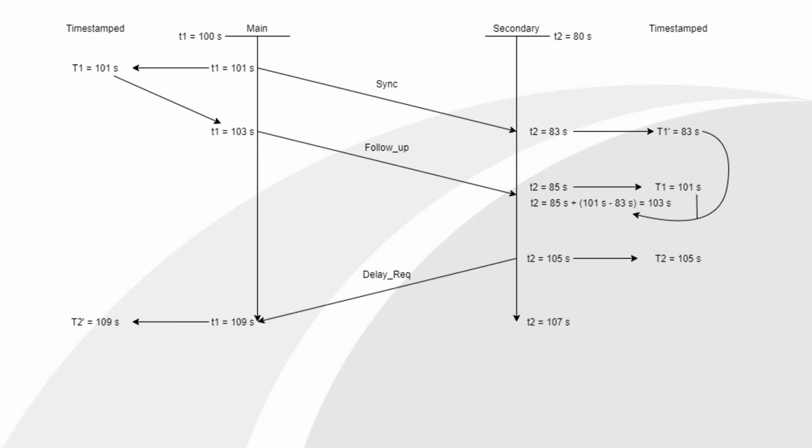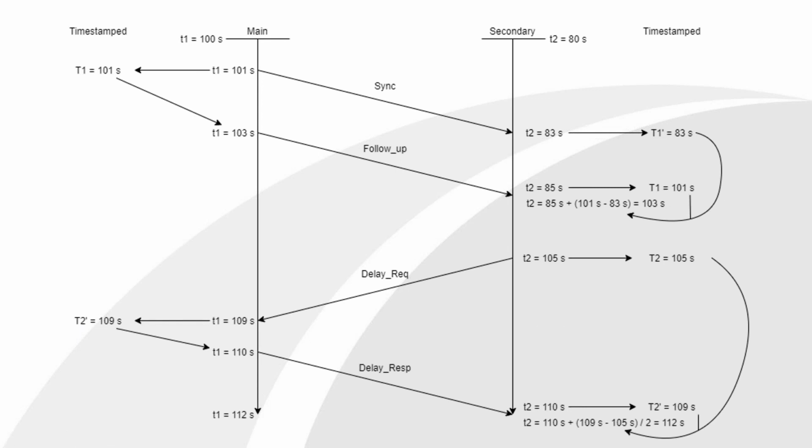Step 2 is to deal with the offset which comes from the transmit times. The third message sent out is a delay request message, which is sent from the slave this time to the master. The slave device saves the timestamp of when it sends this message, and the master saves the timestamp of when this message arrives.